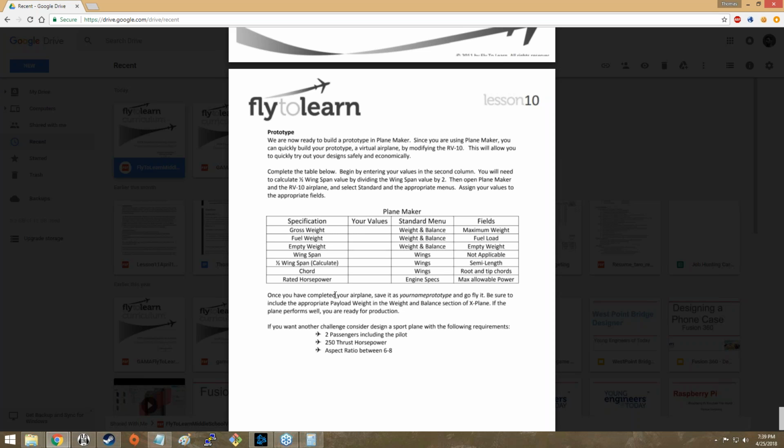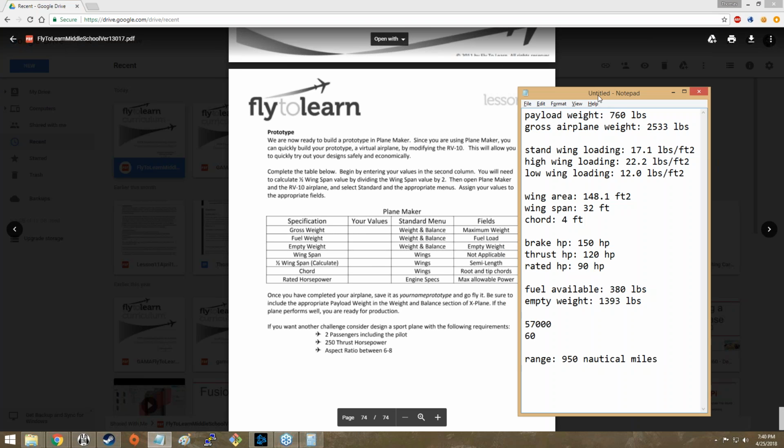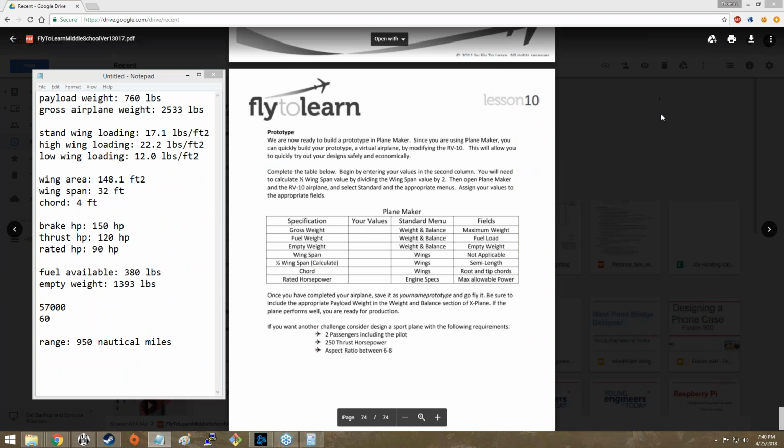We're going to begin by entering your values in the second column, and then you'll need to calculate half the wingspan value by dividing the wingspan value by 2. Then we're going to open PlaneMaker for the RV10 airplane and enter in the appropriate values. Gross weight, we know what that's going to be: 2,533 pounds. So we can just write it right in here.